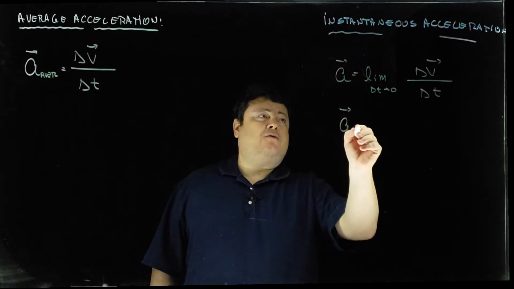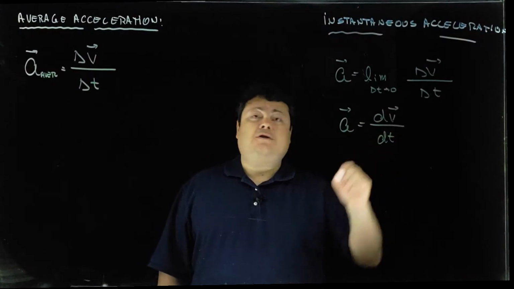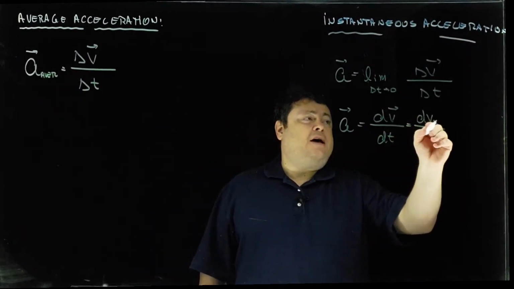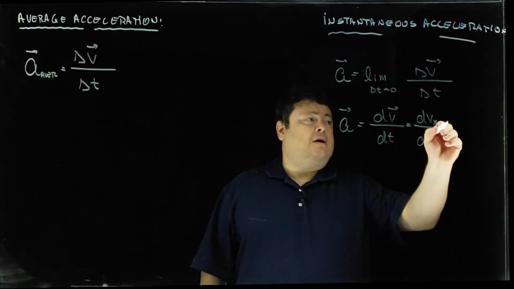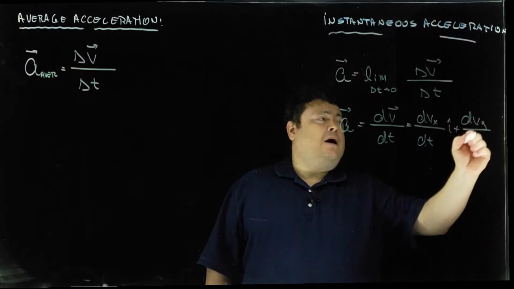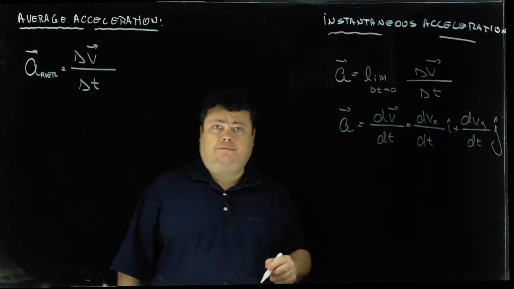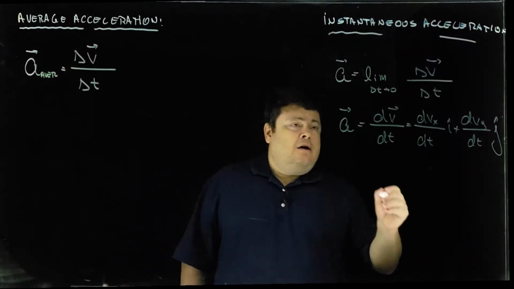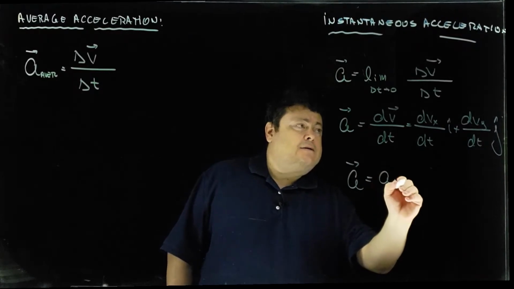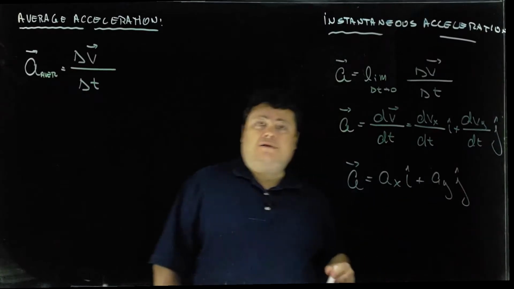So the instantaneous acceleration is dv dt, which is going to be dvx dt i hat plus dvy dt j hat. This actually is then ax i hat plus ay j hat.